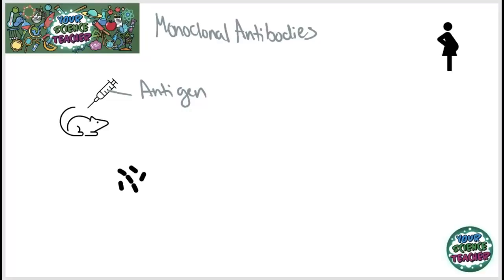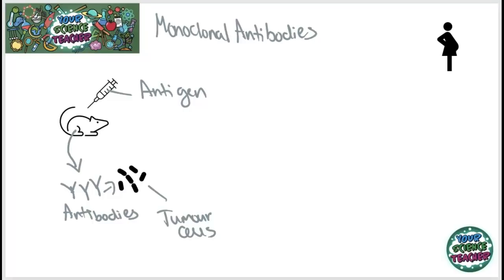And what we then do is we take these antibodies out of our mouse and we combine them with tumor cells. And the reason why we do this is because tumor cells grow incredibly fast. So these antibodies are going to reproduce quickly as well.